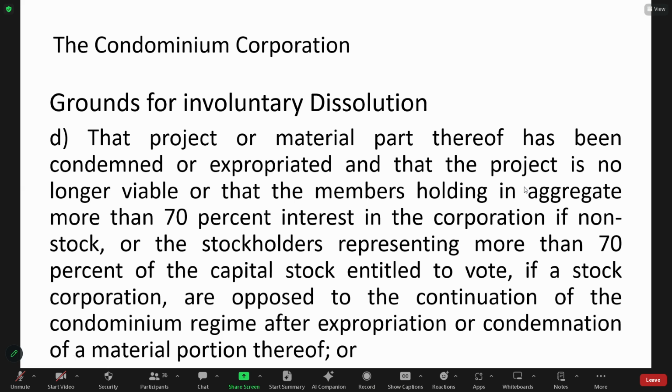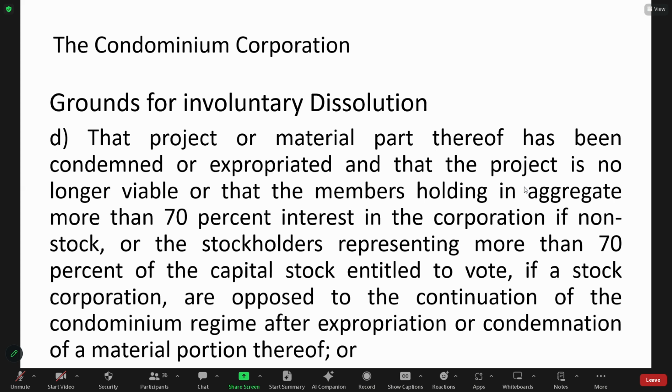The project or material part thereof has been condemned or expropriated, and that the project is no longer viable, or that the members holding in aggregate more than 70% interest in the corporation, if non-stock, or the stockholders representing more than 70% of the capital stock entitled to vote, if a stock corporation, are opposed to the continuation of the condominium regime after expropriation or condemnation of a material portion thereof. Okay.